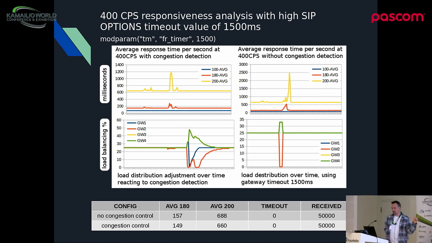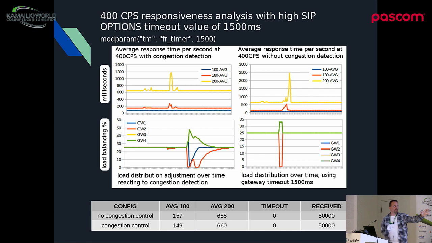In this case, we can see that the 100 Trying were completely stable. Kamailio was not facing any problem. It was running on a performance server enough. And then we see the two problems we were expecting. One of them, the first glitch, and then the bigger glitch. And we can see that they are not aligned, unfortunately.